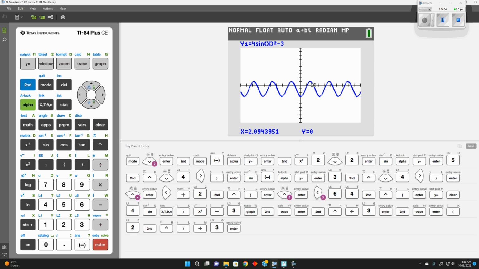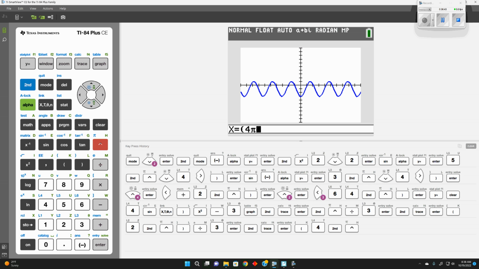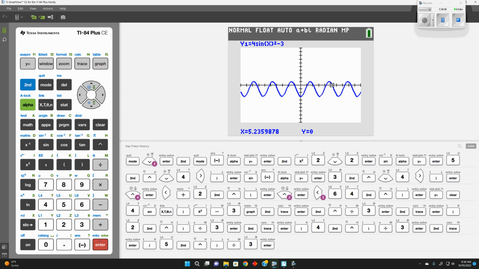I get a value of 0. Second trace value, 4 pi over 3. We get 0. And then our last one was 5 pi divided by 3. We get 0. So it's one way we can check our answers.